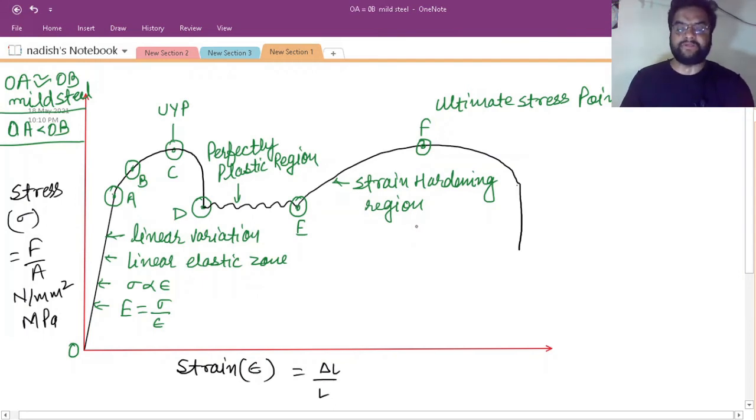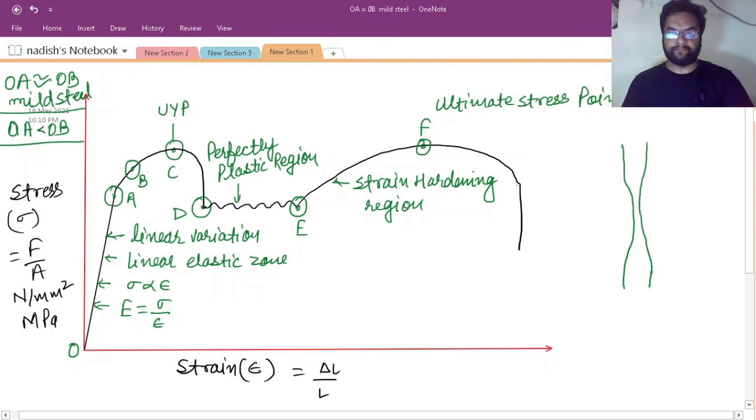After this ultimate stress point, on further application of load, the area of cross section drastically decreases and a neck-like shape starts forming in our specimen. With further application of load, the diameter keeps decreasing, resulting in the breaking of our specimen.